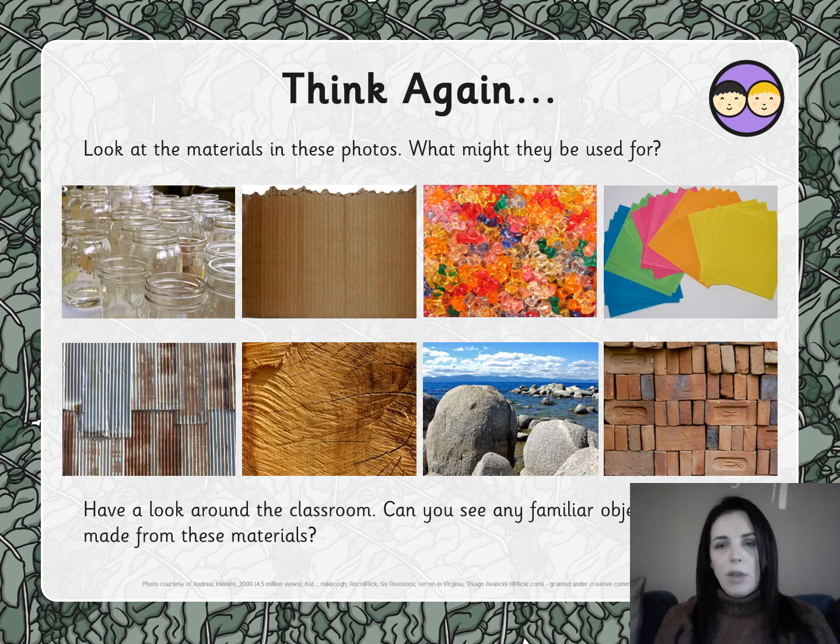So you're either in the classroom at this point or you're at home, and have a look around your home or around the classroom, and can you see any objects in your classroom or in your home that are made from any of these materials? So I'm going to show you how you could record this information before I set you off on this little task.